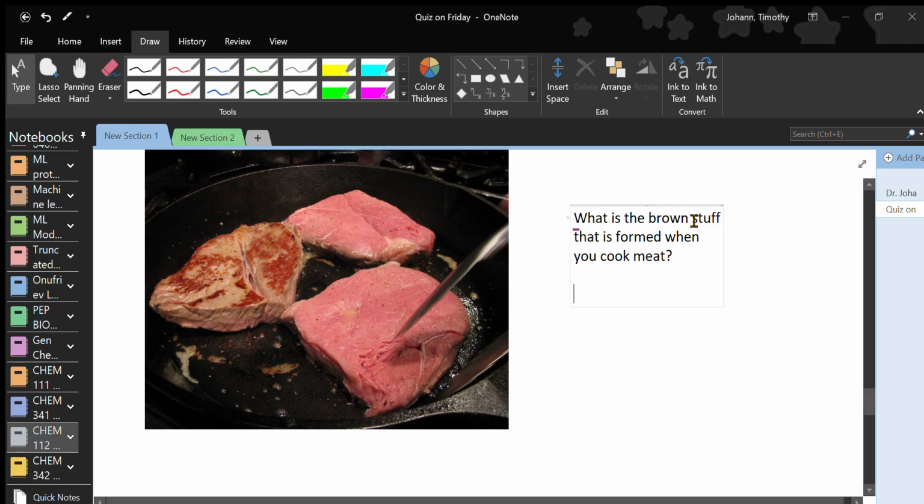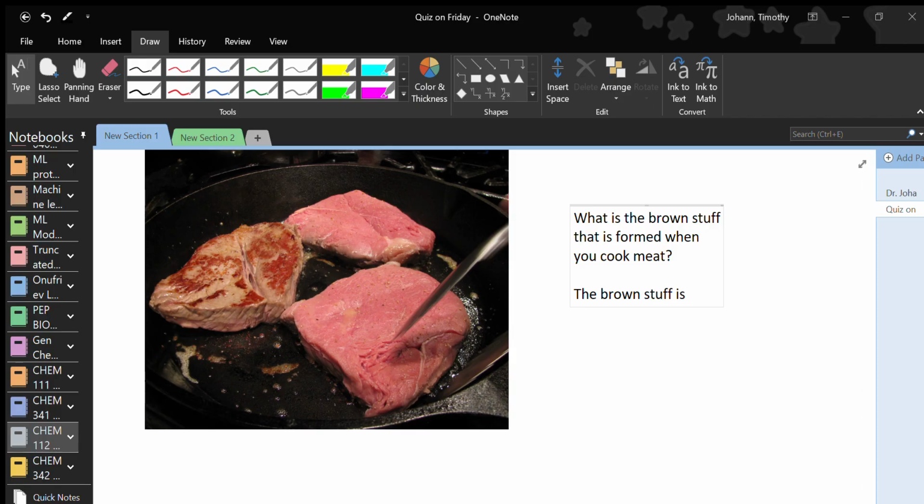It's the products of a Maillard reaction. So the brown stuff is aromatic compounds, I'm going to call it. You've heard the term aromatic? You're cooking, and you say wait till you can smell the aromatic. So aromatic compounds that are formed in Maillard reactions.